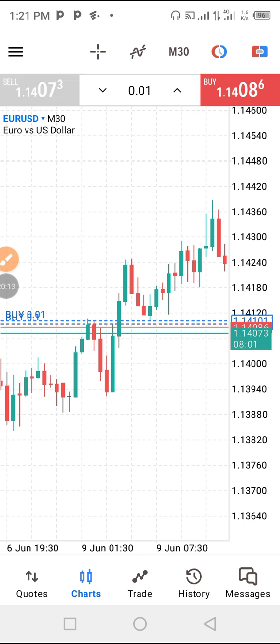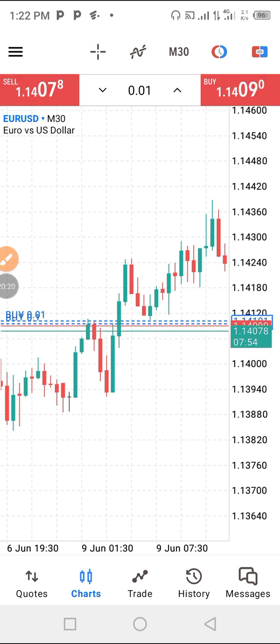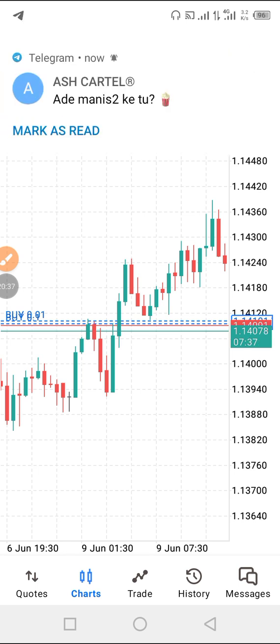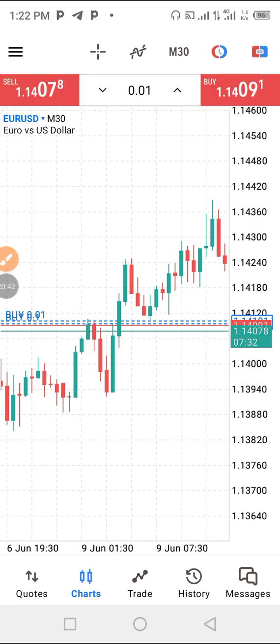For example, if you use 0.01 lot size, you are saying to the app, anytime I predict that the price will go up, and the price actually does go up, every time it moves upward by 1 point, give me 1 cent. That's 0.01.